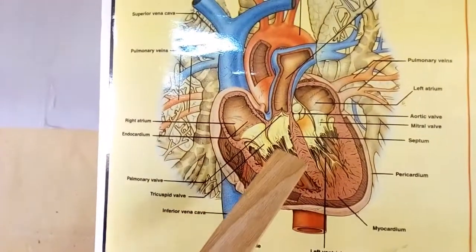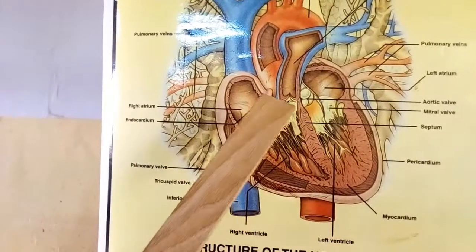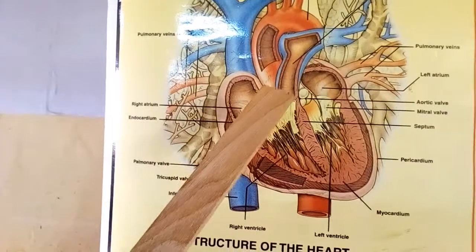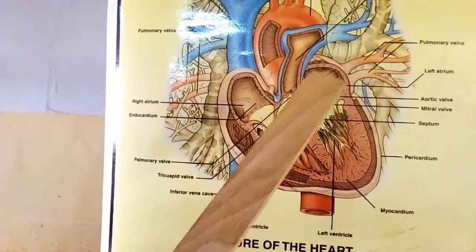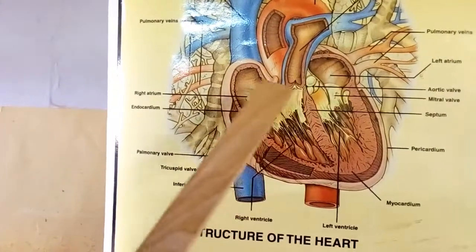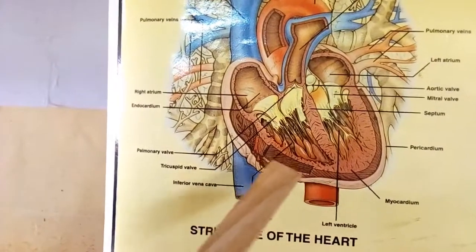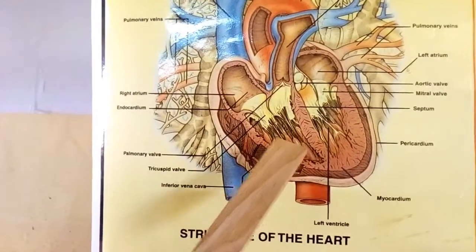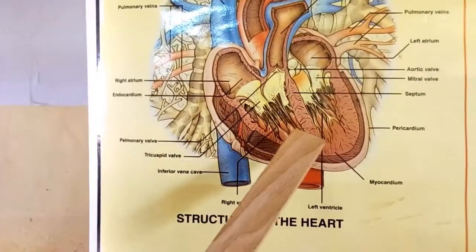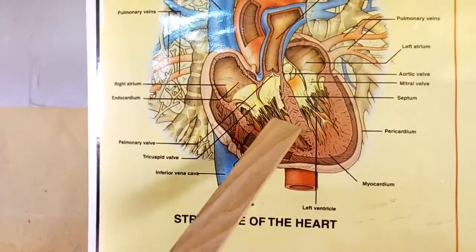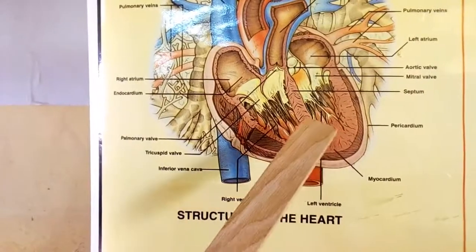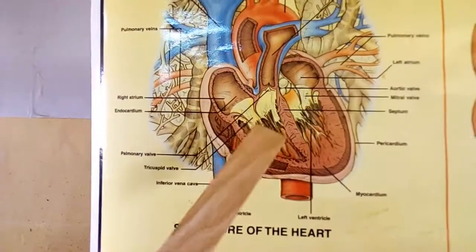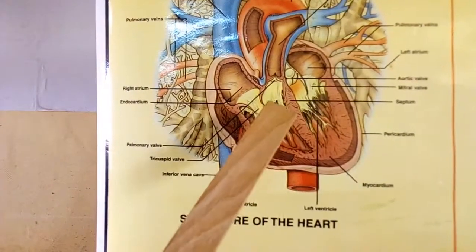And the reason is that the upper chambers' function is just to receive blood, and if they have to pump blood, it is just down to the ventricles. But the ventricles pump blood away from the heart, and therefore they need thick cardiac muscles for contraction and relaxation so that they are able to pump blood away from the heart.